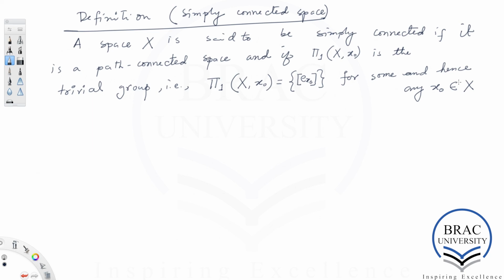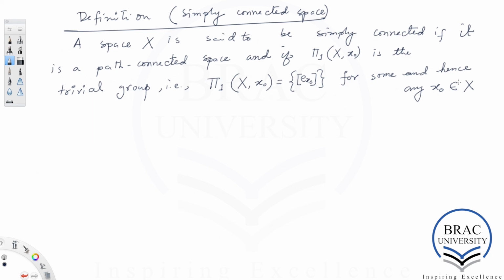And to generalize it, we could have taken any convex subset X of the Euclidean space R^n and ended up with the fundamental group being the trivial group. So any convex subset of the Euclidean space equipped with the subspace topology is also a simply connected space.